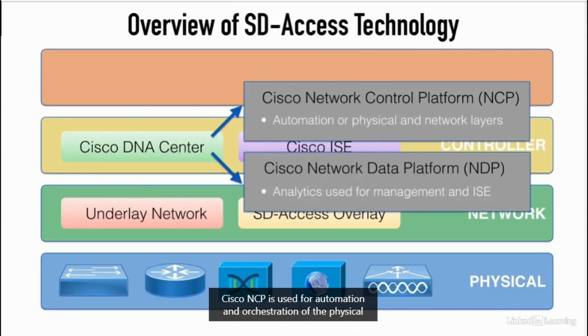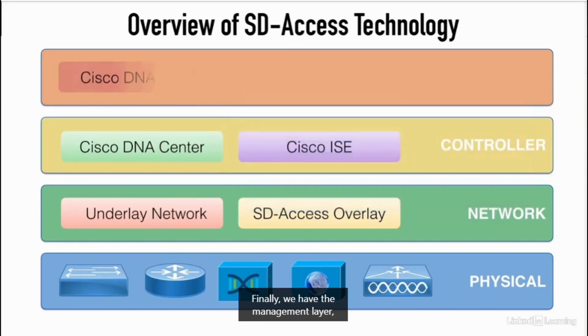Cisco NCP is used for automation and orchestration of the physical and network layers, while Cisco NDP is used to collect analytics and historical trends used by the management layer and by Cisco ISE. Cisco ISE, of course, is for identity and security services and is the piece that identifies and places users into those policy groups so that the policies can be enforced throughout the network fabric.